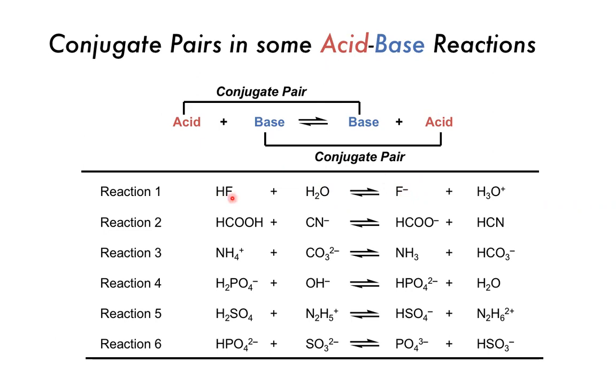You can see some other conjugate acid-base pairs here. Here we have sulfuric acid. This is an acid, so its conjugate base is the HSO4 minus, and this can accept a proton to form the acid again. And then this N2H5 plus can in fact accept a proton to form the acid here, which can then donate a proton to form the base again.